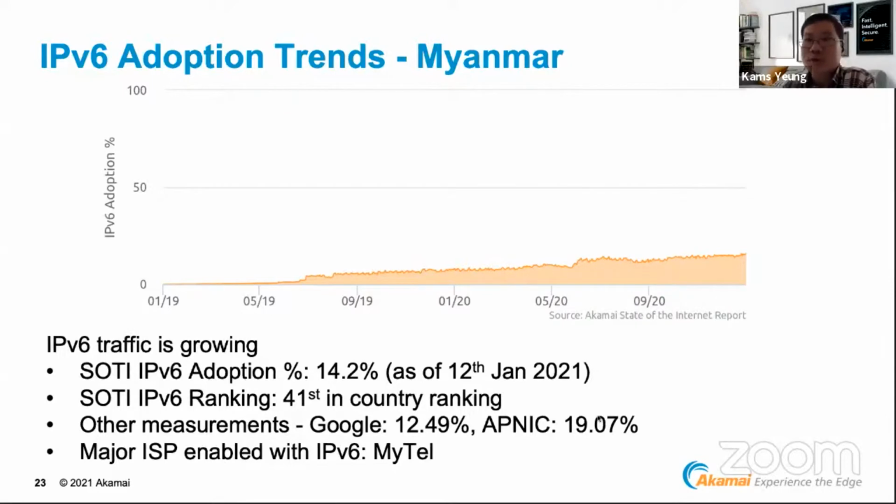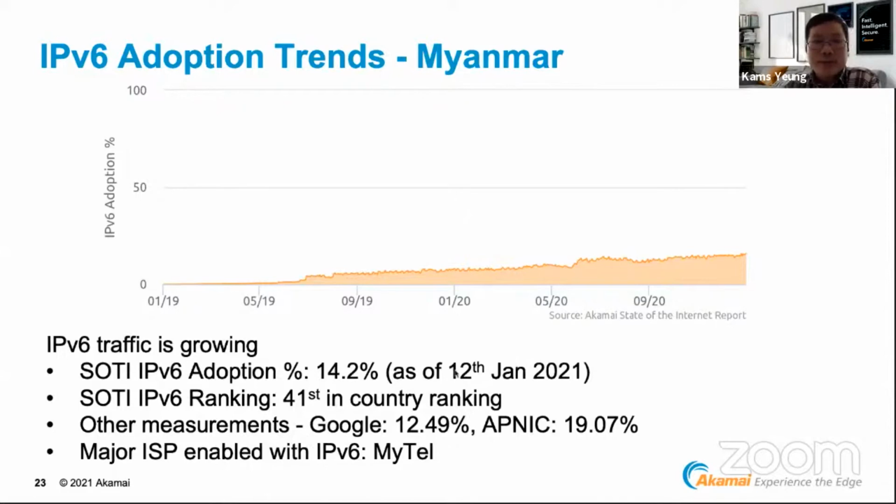We all use different methodologies, but if you look at the trend, it has definitely been increasing since about 2 years ago, 2019, and up to now is about 14. I'm hoping that this will continue to grow to more than 50% or even 90%, because IPv4 is getting more difficult to obtain.